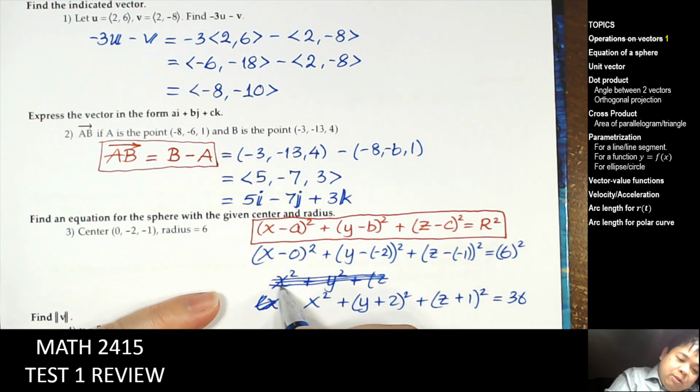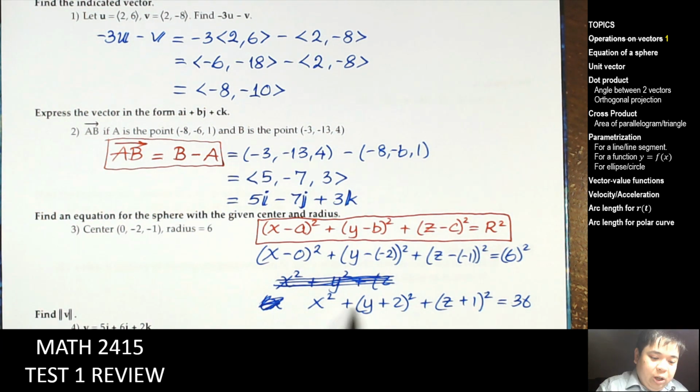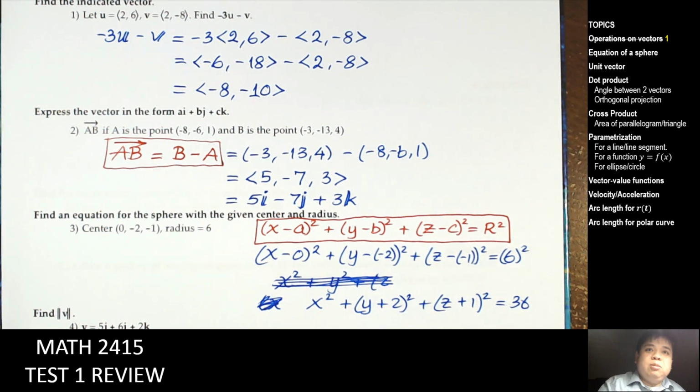And we can just leave the equation in that form, which is better because from here we can say what is the radius and what is the center. So just leave the equation in that form.